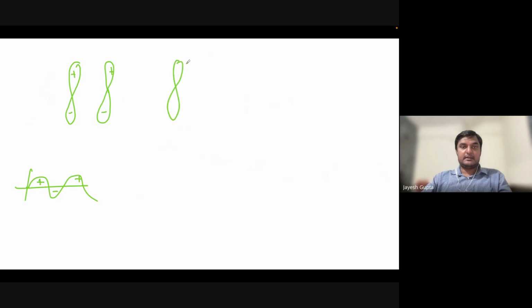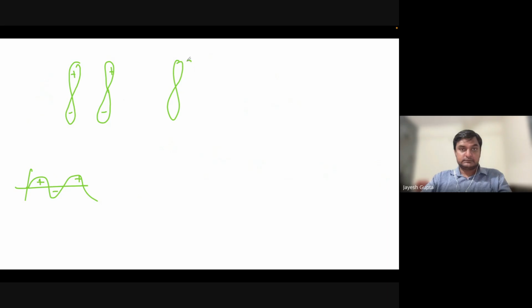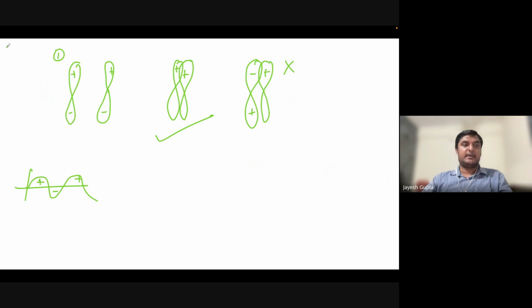So plus will make a bond with plus. In the same way, if I take minus and plus and make a bond like this, it is not possible. Minus cannot make a bond with plus. Only plus can make a bond with plus. So the first point you can write is the requirement conditions.